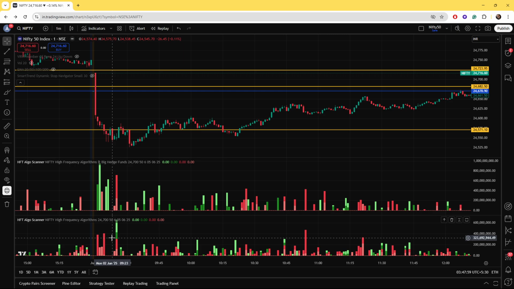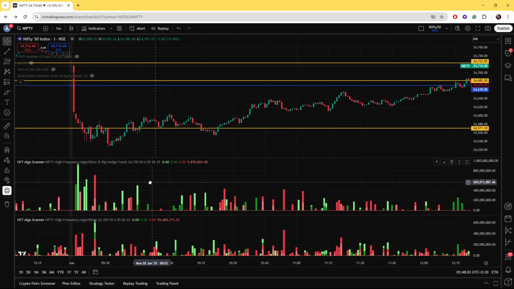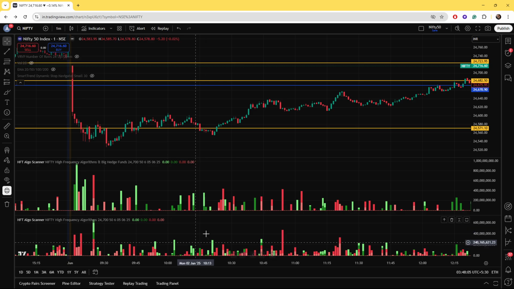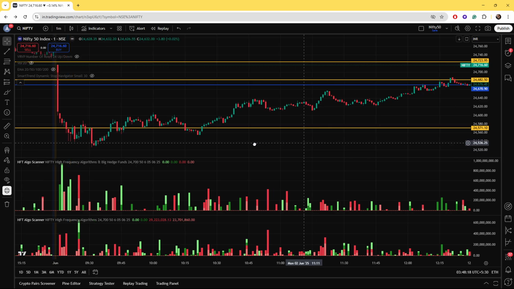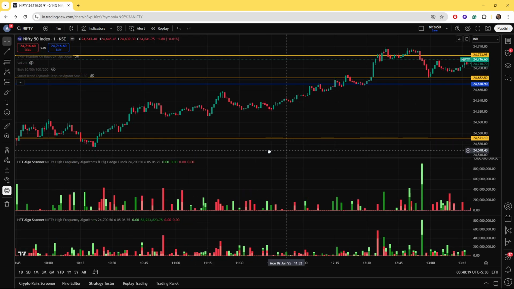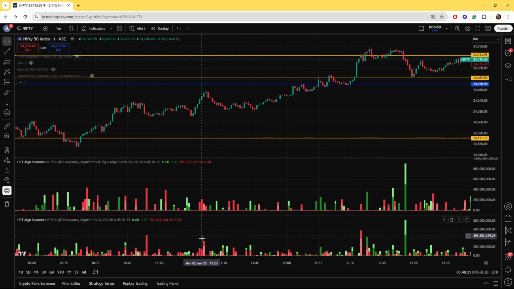The reason was that these were the big hedge funds, not the high frequency ones. The high frequency ones got involved here as well, with the big hedge funds, and they took it up. And finally the major reversal started after this. So that is how you can combine these two and take advantage of this.